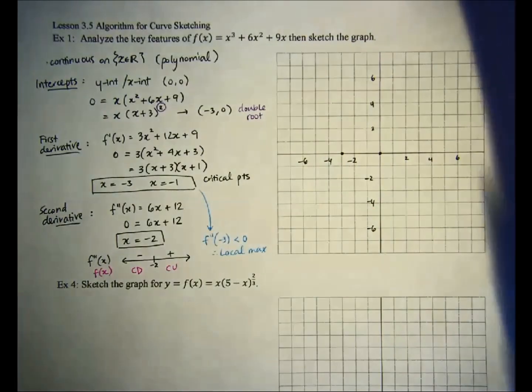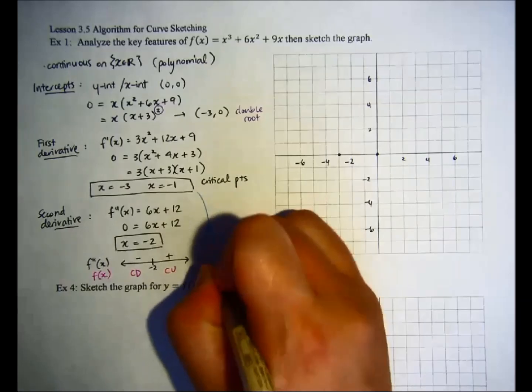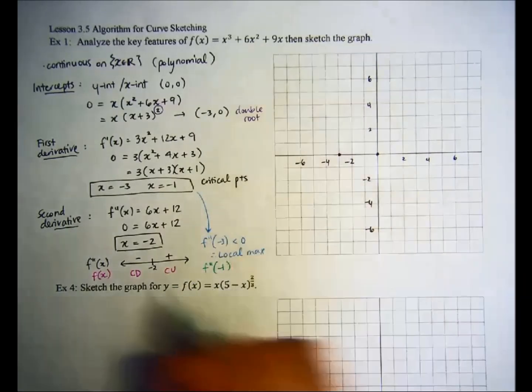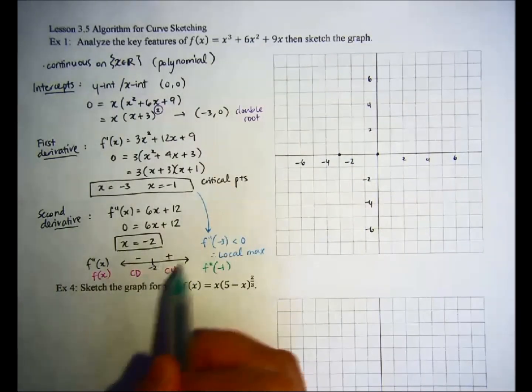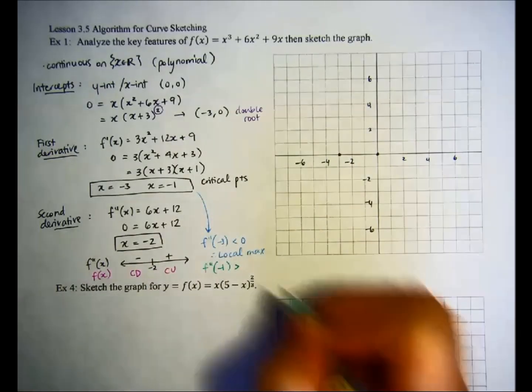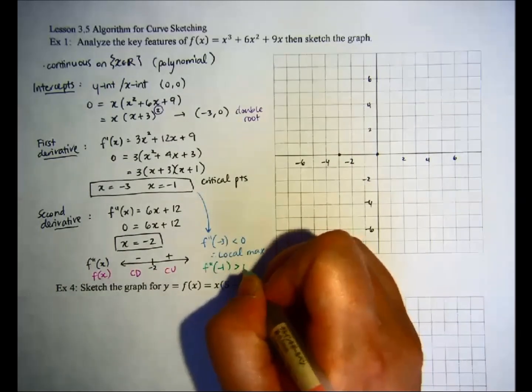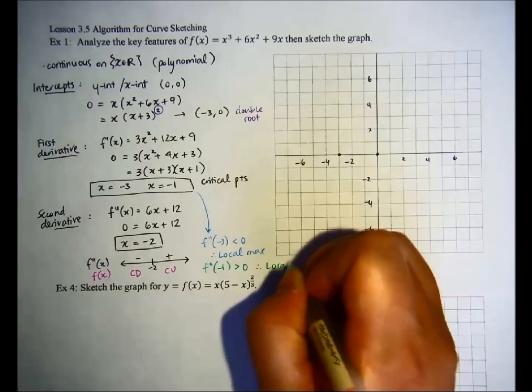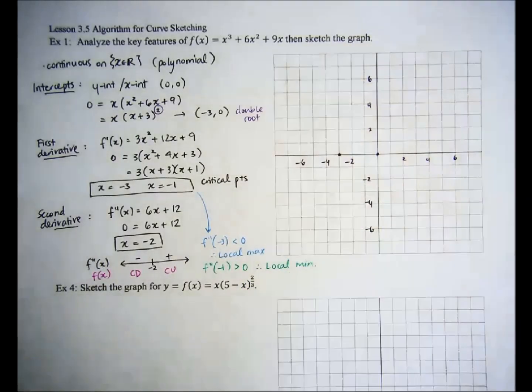And we'll repeat this for second derivative of -1. That's over here in this interval where we know that the function is going to be concave up, so the second derivative is positive. So that means we are going to have a local minimum at x equals -1.